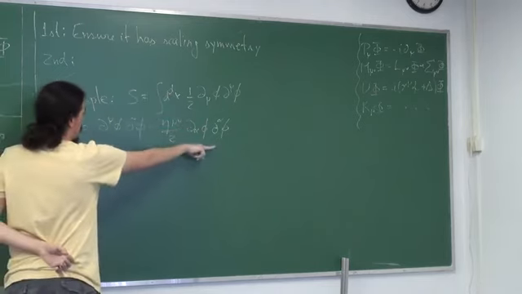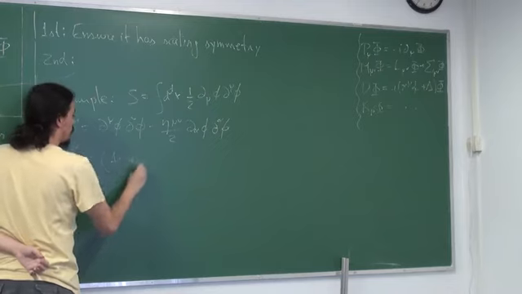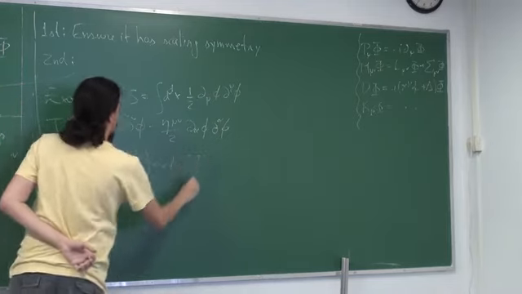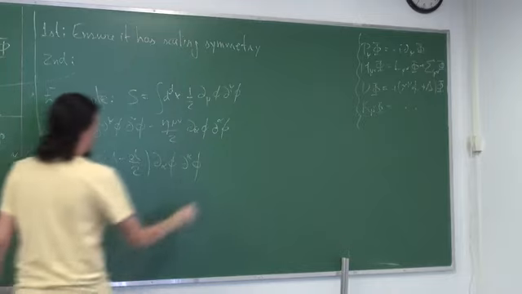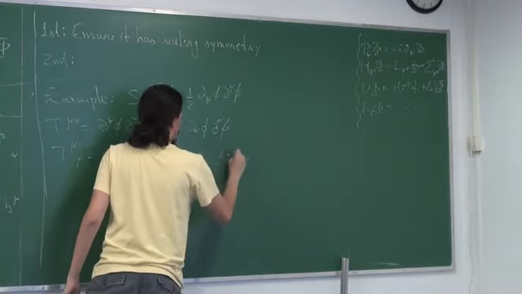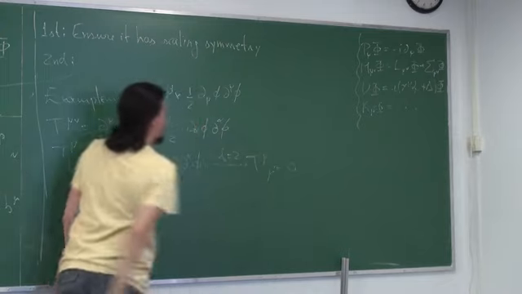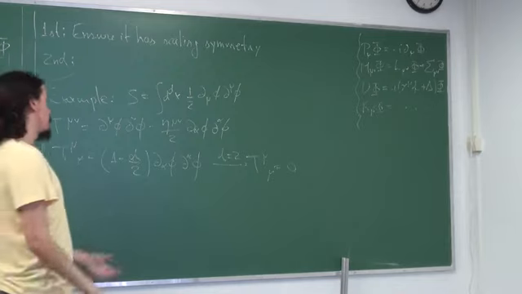And this term will be equal to this one, with a prefactor of 1 minus d over 2. And we see that for d equals 2 we have conformal invariance. The free scalar field in two space-time dimensions is conformal.